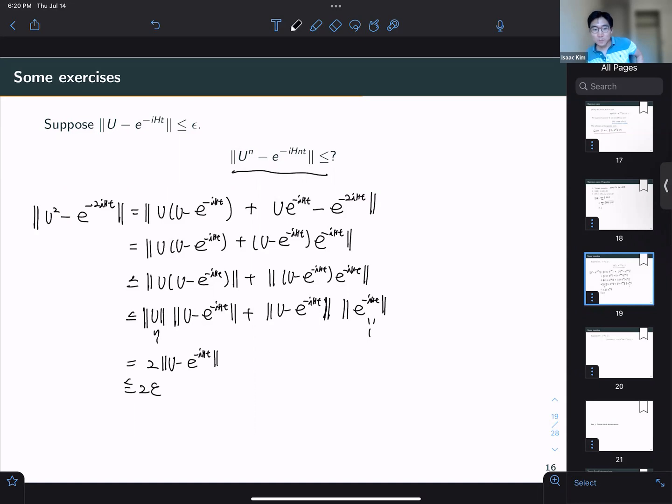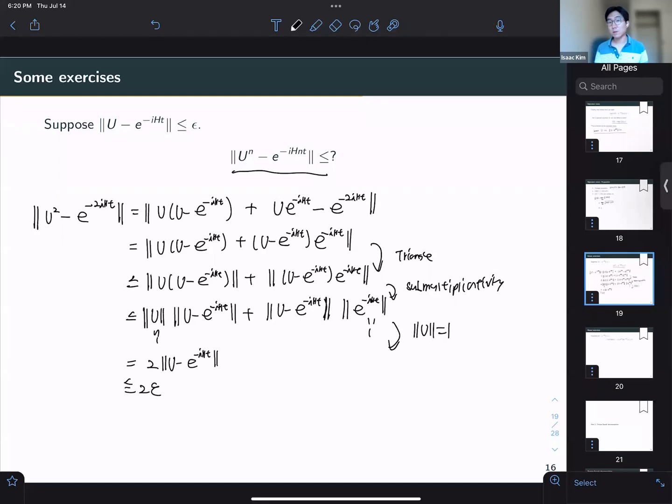So what did we use? From here to here, we used the triangle inequality. And then we used the sub-multiplicativity. And from here to here, we used the fact that a unitary has operator norm 1.